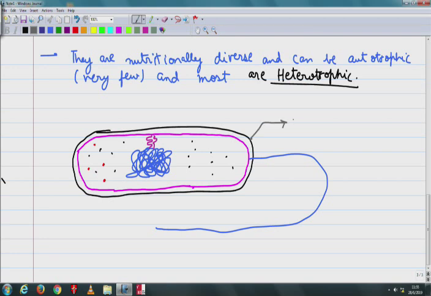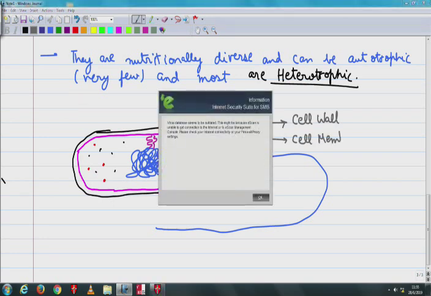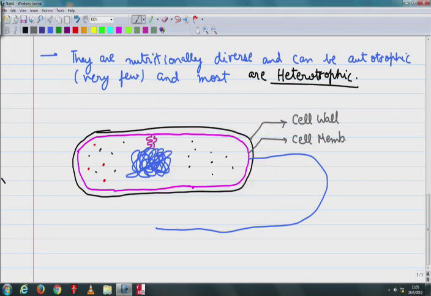This is the cell wall. This is the cell membrane or plasma membrane, right? Now this is the ribosome.